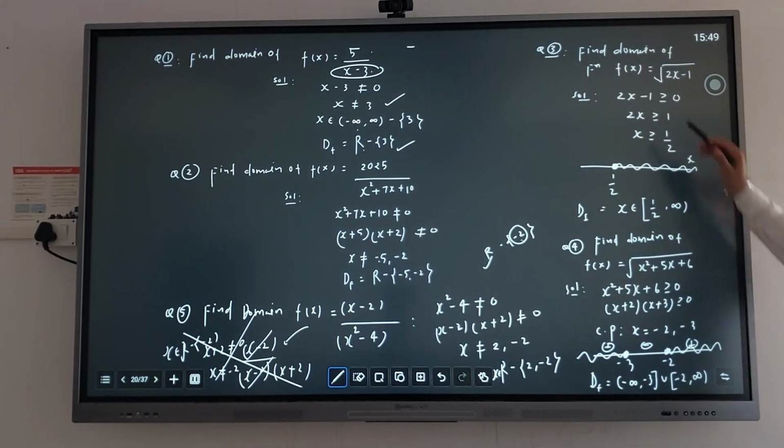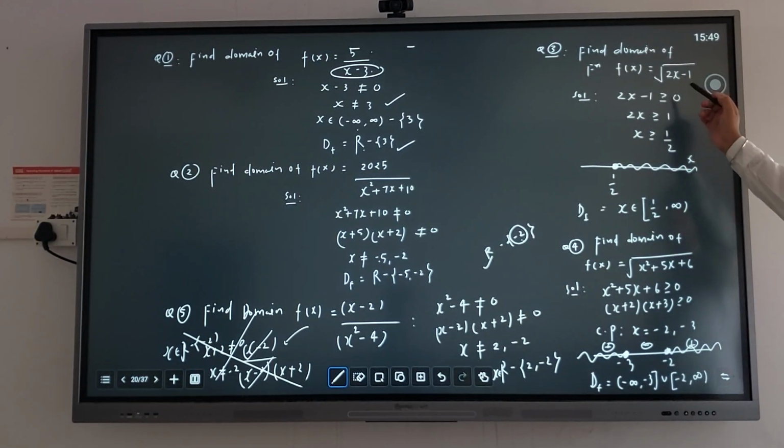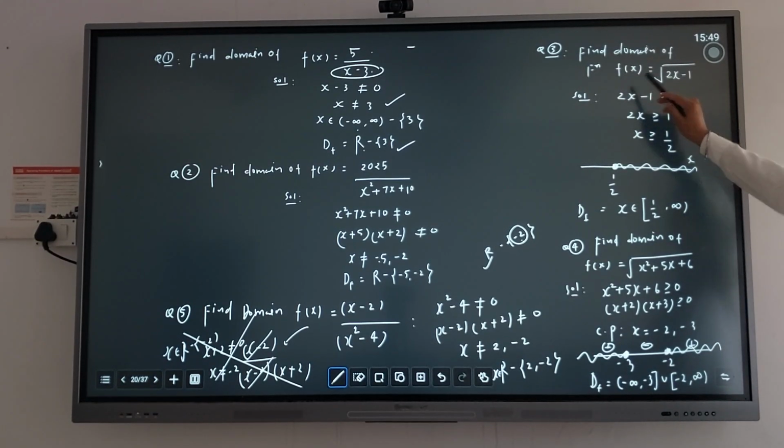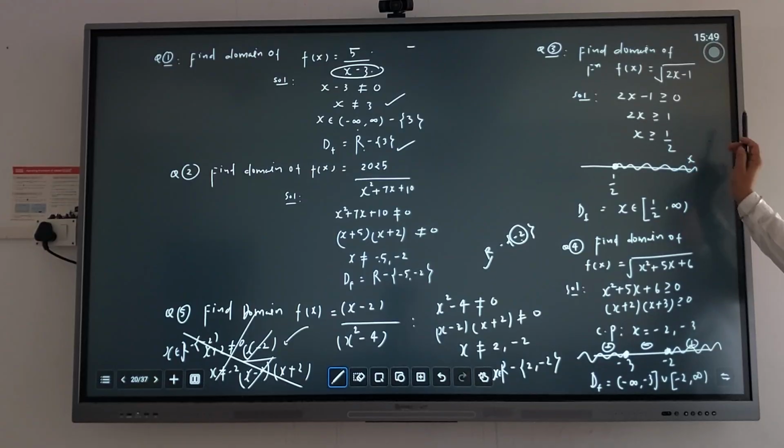Next example is f(x) given as under root 2x minus 1. The under root function is only valid when the quantity under root is a non-negative value, that is, this function is only valid when 2x minus 1 is greater than or equal to 0. We can find the value of x: minus 1 will become plus 1 on the right side and 2 is divided, so x is greater than or equal to, the sign of inequality will remain the same.